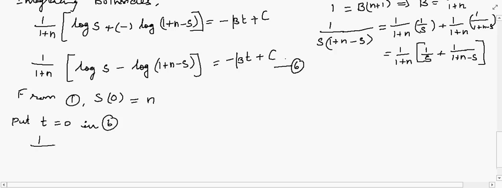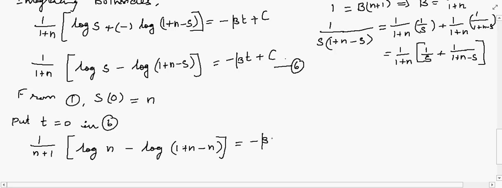Then 1 by n plus 1 into log of n minus log of 1 plus n minus n equal to minus beta into 0 plus c, t is 0.